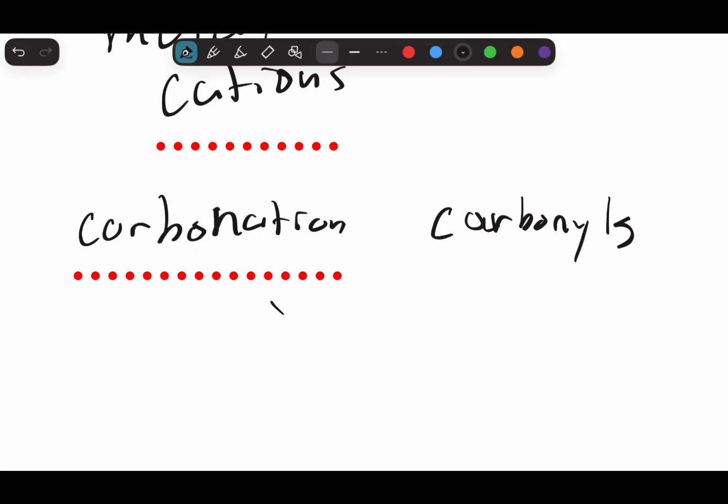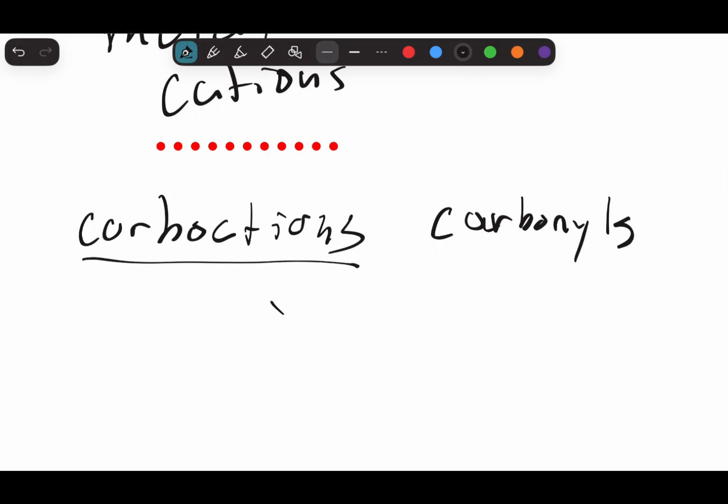Oh, carbocations, not carbonations. Carbocations, so a C plus, and carbonyls. And then that is really it.